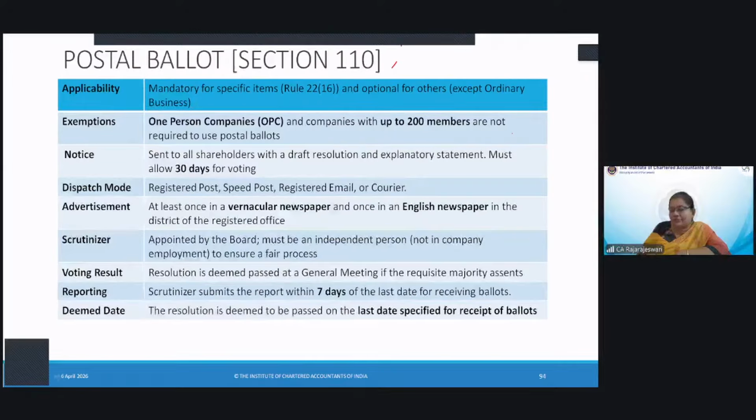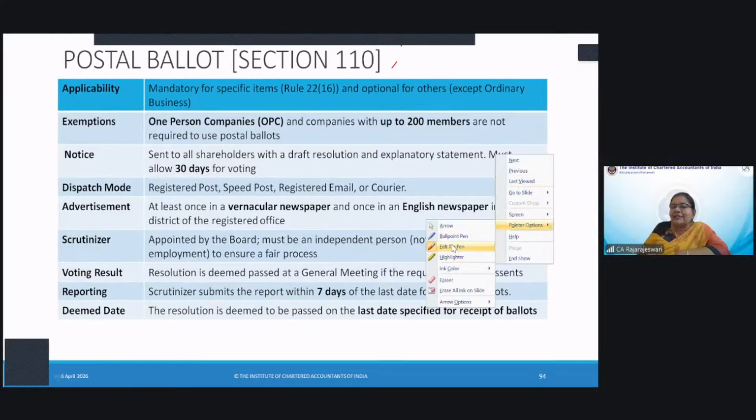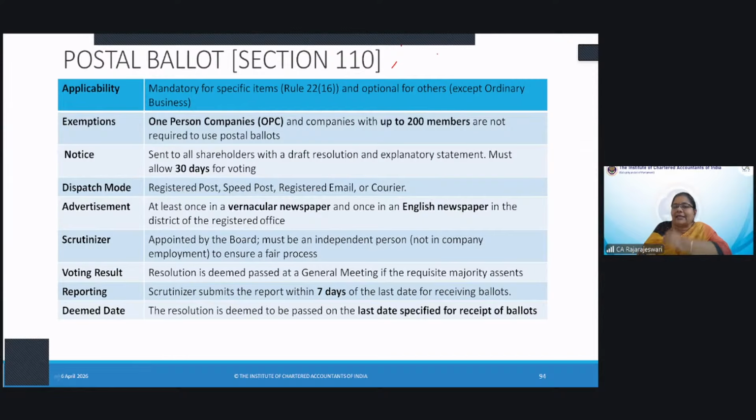Here there is an exception: ordinary business should not be done by postal ballot. So what is ordinary business? We learned the other day: consideration or adoption of accounts, balance sheet, director's report and auditor's report for a particular financial year. Then declaration of dividend, then appointment or reappointment of directors retiring by rotation.